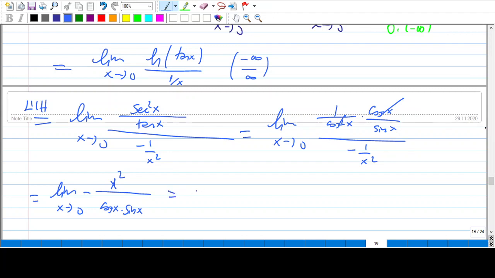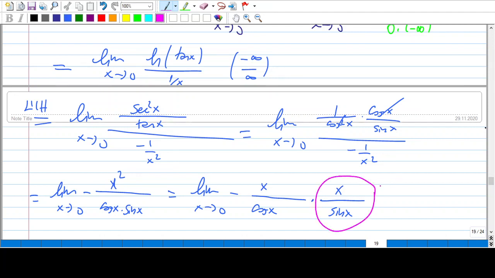We can see it maybe in this form: limit as x goes to 0 of minus x over cosine x times x over sine x. The second term here, this limit will be 1 as x approaches 0, and cosine 0 is 1, but this first term approaches 0, so the result will be 0.